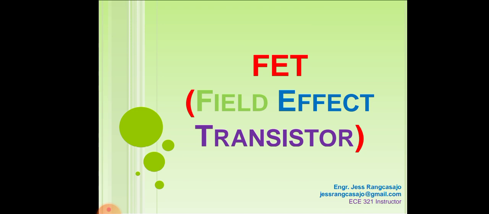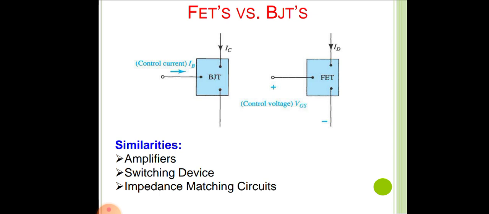So we'll see what a field effect transistor is. The field effect transistor is a three-terminal device used for a variety of applications, and these applications are very similar to those of BJT, that is bipolar junction transistor.